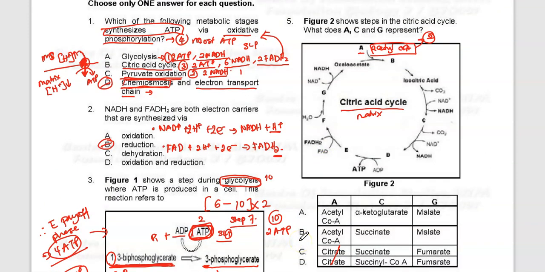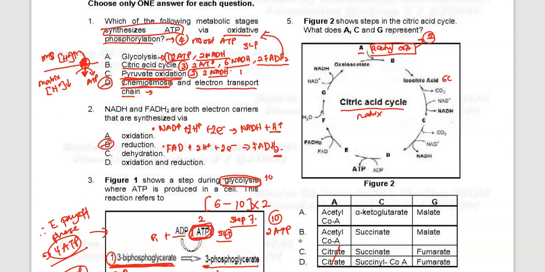So C, where isocitrate will release carbon dioxide and produce NADH. Isocitrate is a 6 carbon compound.